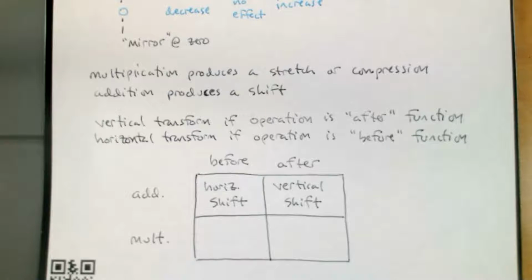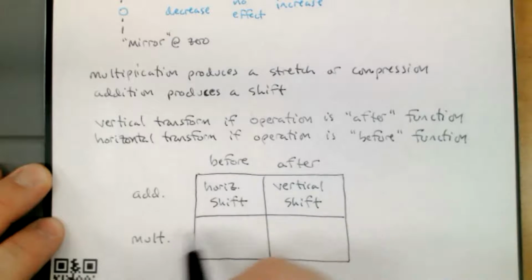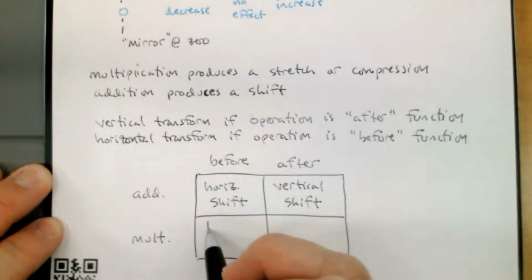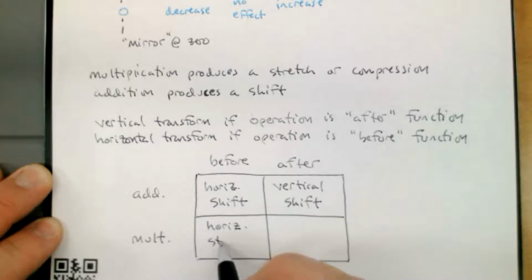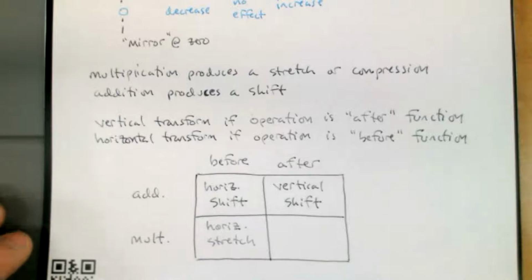If our operation is multiplication and happens before the function takes place, that's going to be a horizontal stretch or compression. So stretch, compression. But before multiplication will be horizontal because before, and stretch because multiplication.